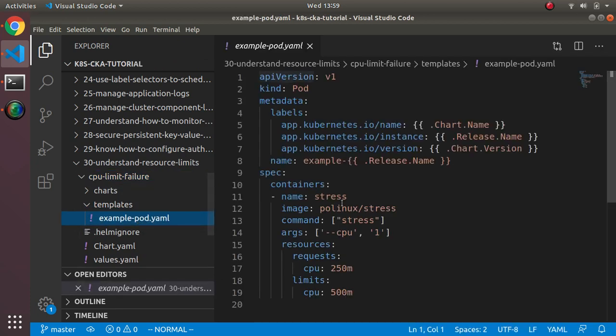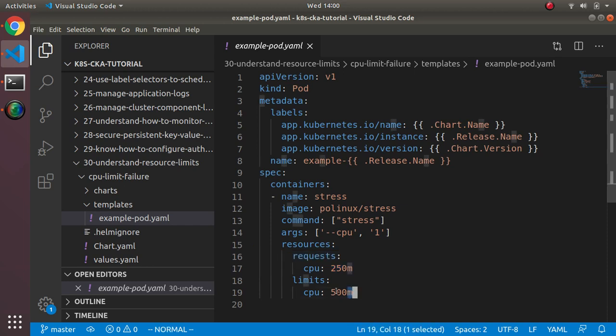In this pod, I'm requesting 250 milli-CPUs. I didn't have to put a request in here, but it felt weird to put a limit on without a request, so I did both. You don't have to have both.